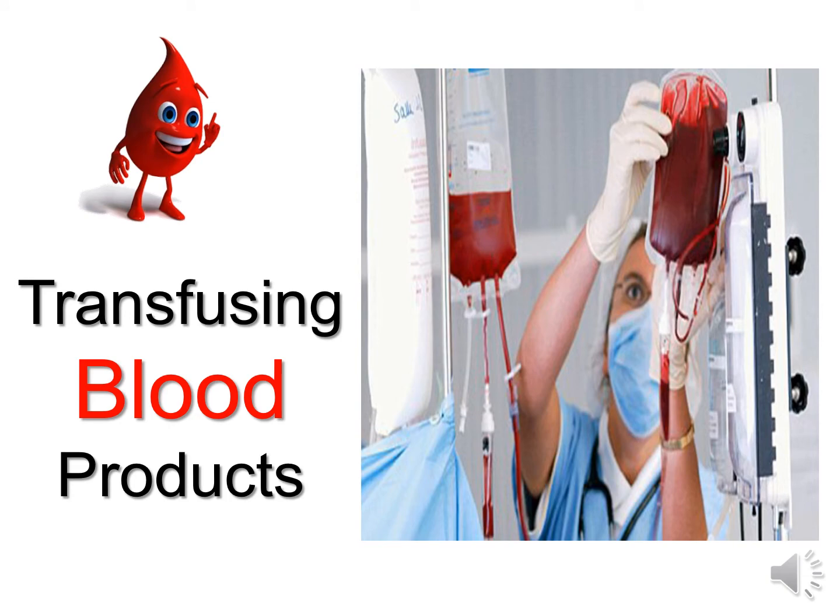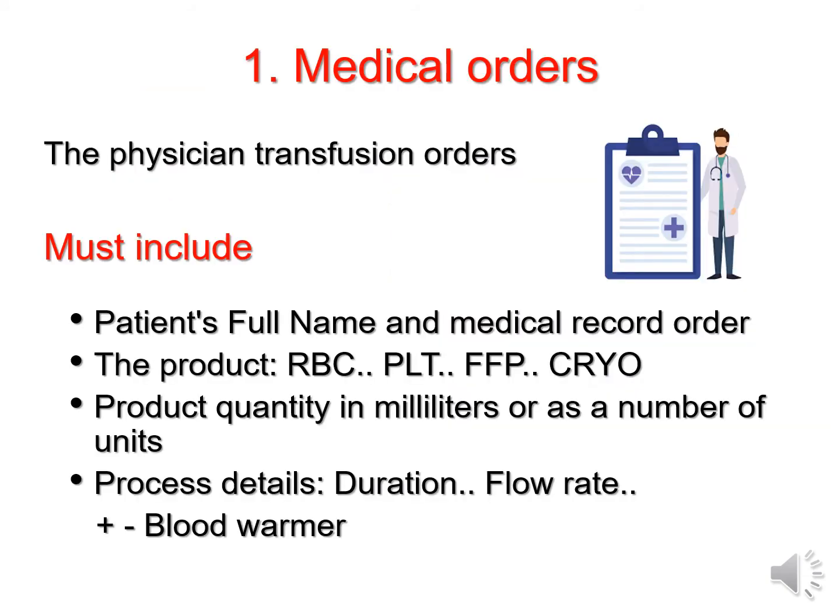If we are going to transfuse blood products, we require medical orders. A physician has to write a transfusion order, and this has to typically include, in most organisations, the patient's full name and medical record number or order, the product, red blood cells, platelets, fresh frozen plasma, cryoprecipitate, the product quantity in millilitres or a number of units, the process details, meaning the duration, flow rate, whether they'll require a blood warmer or not.